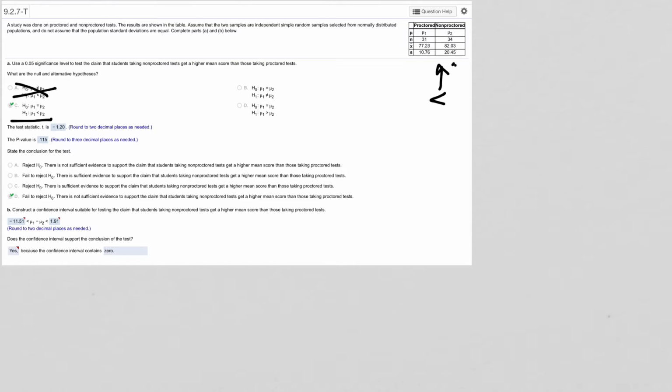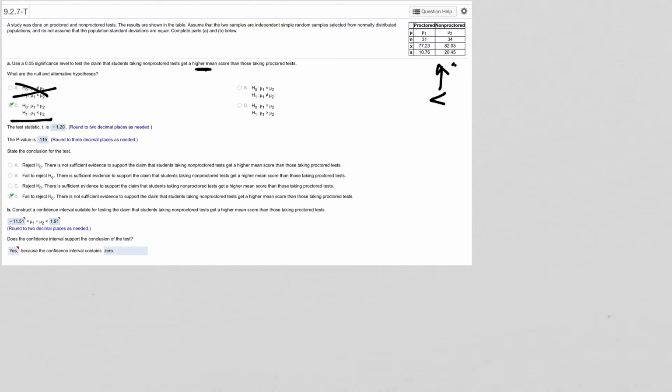So mu1 is less than mu2. Make sure that you are careful about that. It's easy to think, oh, it says higher, so it has to be greater than, but it depends on which one comes first. Okay, so that's our null and alternative hypotheses.